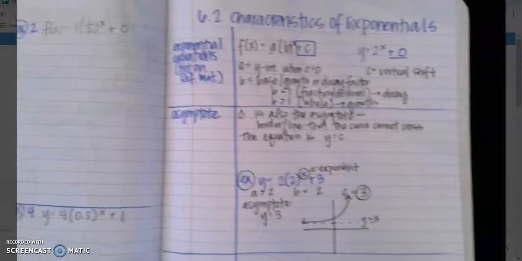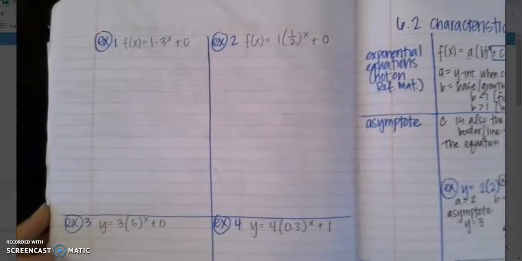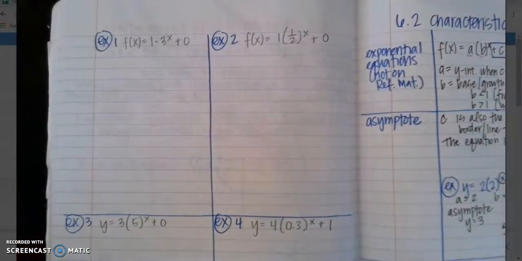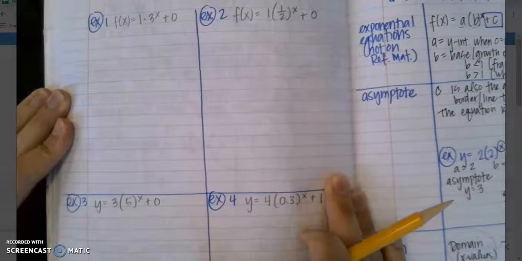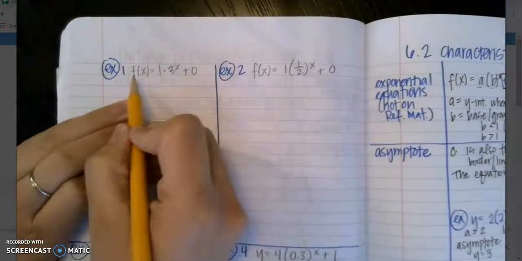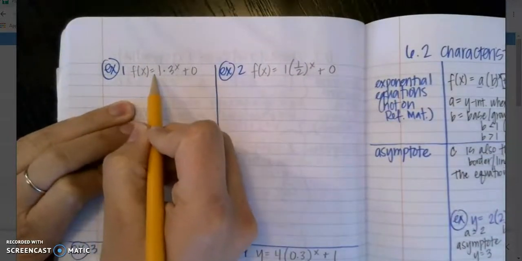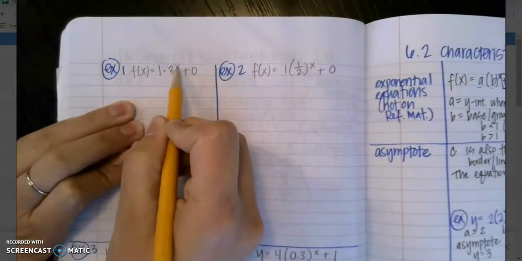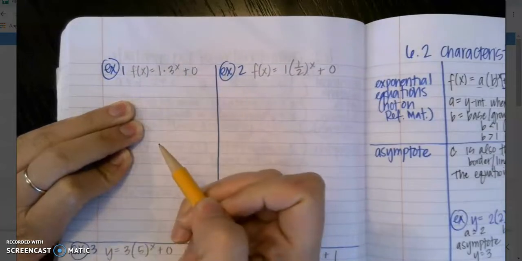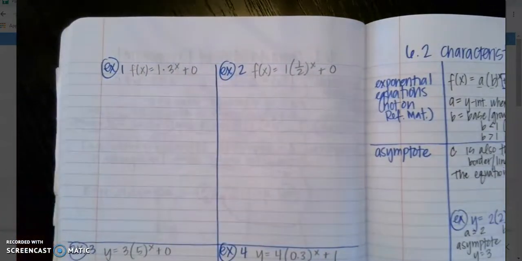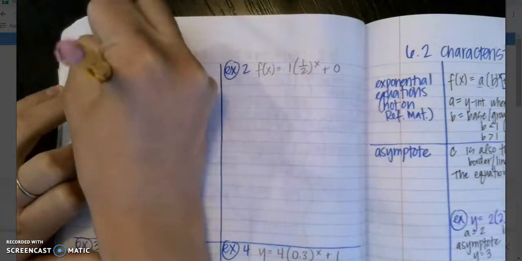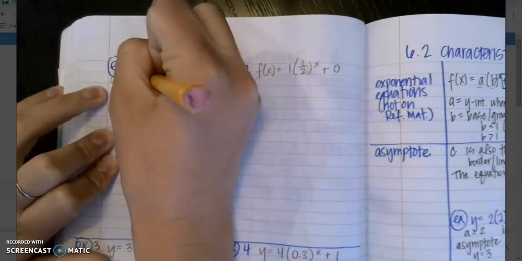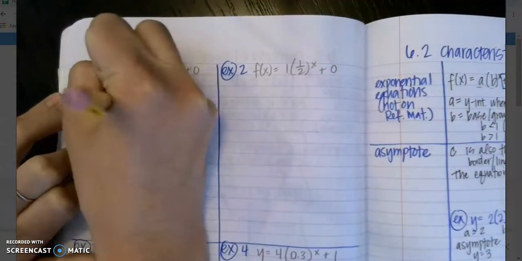Okay, so now on the left side of your notes, if you have your journal, or on the back side of your notes, I want you to divide your paper into 4, and we're going to do 4 examples together. So this first example is going to be f of x equals 1 times 3 to the x plus 0. Now you're going to be completing a Google form, a worksheet essentially, where you're going to have to do a couple of things. What does A equal? What does B equal?